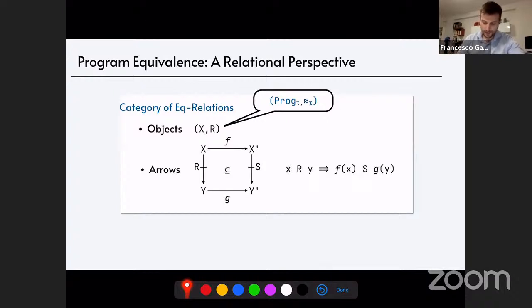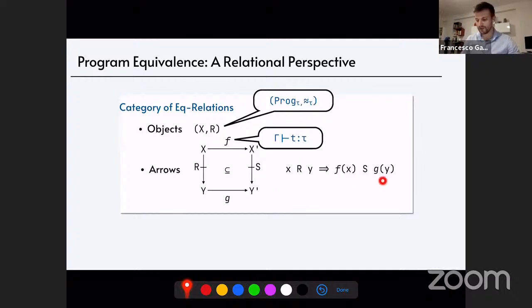So what we will do is essentially to associate to any type a notion of equality between programs of that type. And now the transformations that we look for between these objects are just functions that preserve the relation, so that whenever we have equivalent objects in the first set and we apply the function, we still obtain another pair of equivalent objects. And again, the reason is that the kind of transformations we are interested in are actually open programs.